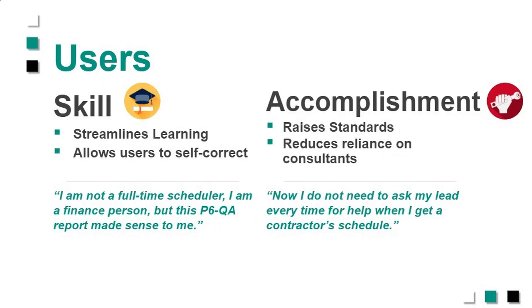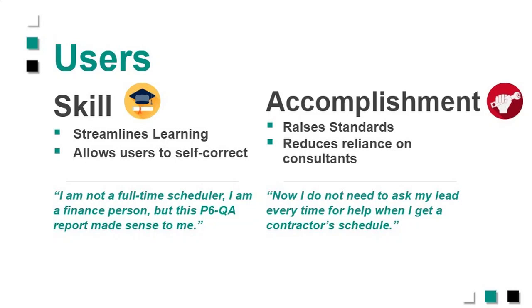So one of our clients had their site engineers receiving schedule updates every week to 2 weeks, and they had a few hundred that were being submitted each month. So they needed a very quick way to get feedback to the contractor as to whether all the quality metrics were met.